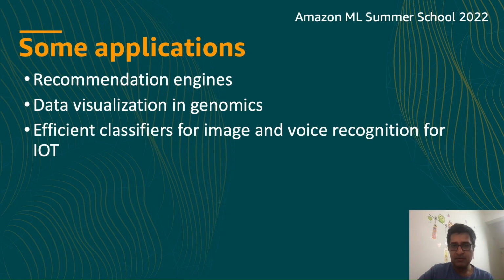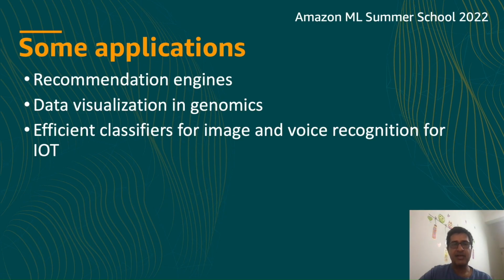Similarly, in genomics, if we were to try and read the whole gene data, it probably would get to be too much. But if you are able to organize that using dimensionality reduction techniques, it becomes a little bit easier to visualize what exactly is happening, right? And similarly for image and voice recognition, large social networking companies have this problem of being able to recognize faces, and to disambiguate whether two faces are of the same person or not.